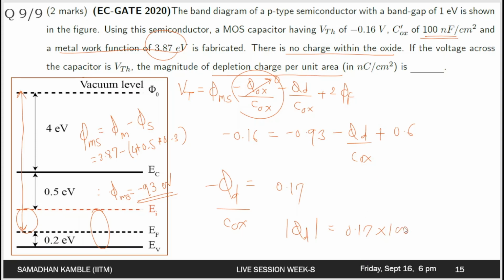So 100 nanofarad means 10 to the power minus 9 farad per centimeter squared, which finally gives us 17 nanocoulomb per centimeter squared. So the magnitude of depletion charge is indeed 17 nanocoulomb per centimeter squared.